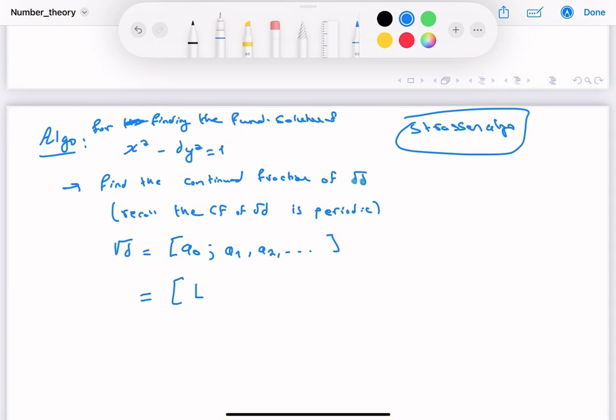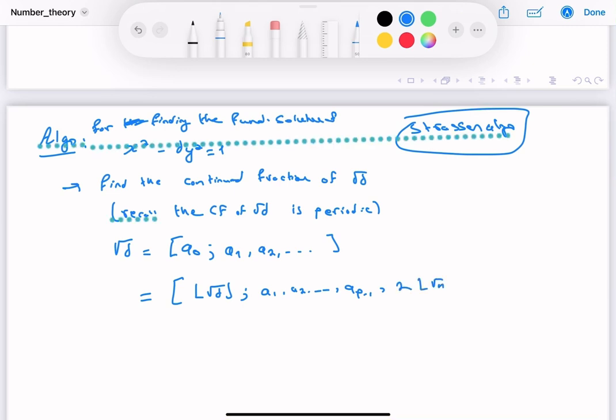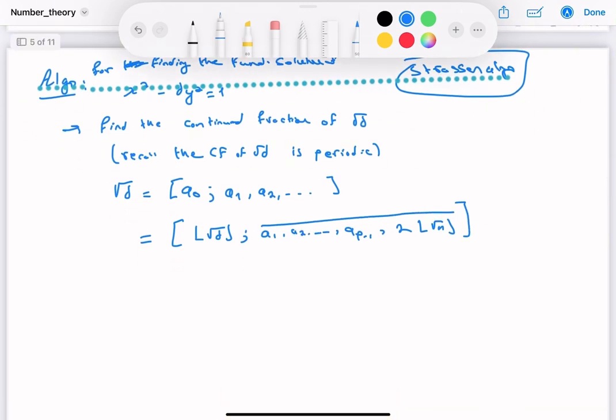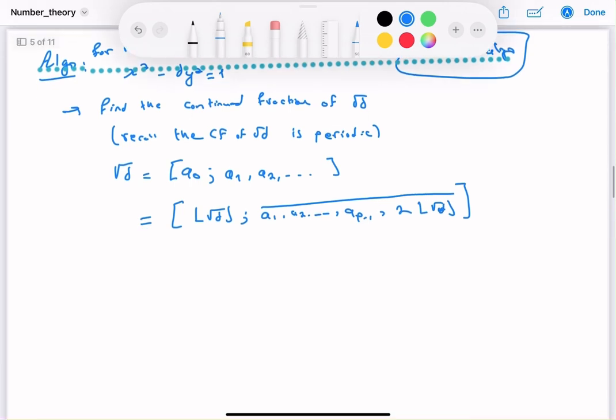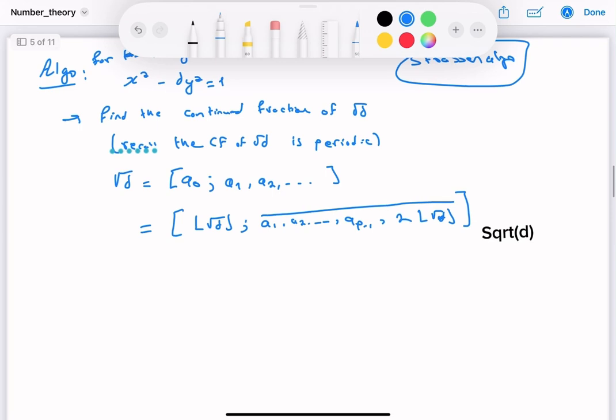So a0 is the floor of the square root of d, then you have some numbers coming here, then 2 times a0 over here, and then it repeats.